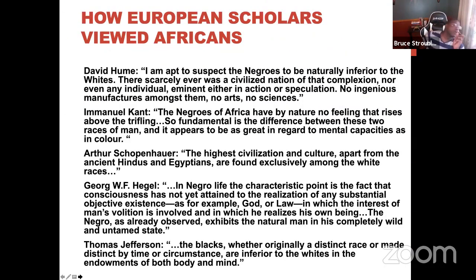Now, also, let's look at how European scholars viewed Africans. Here is the great philosopher David Hume, one of the cornerstones of contemporary American and Western philosophy. "I am apt to suspect the Negro to be naturally inferior to whites.